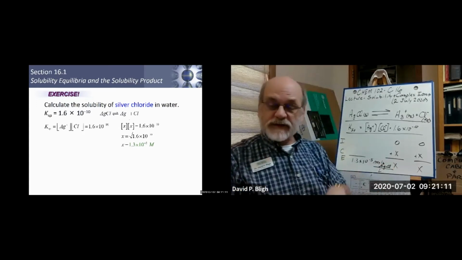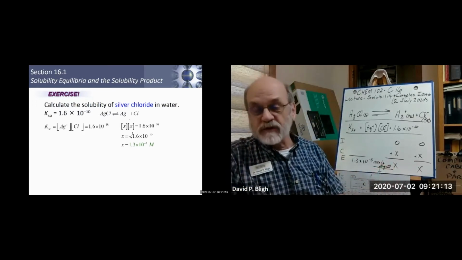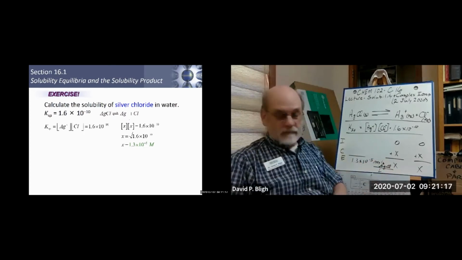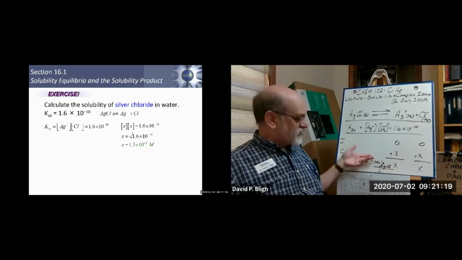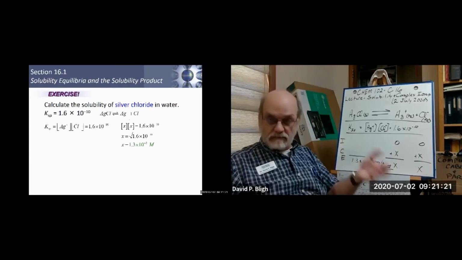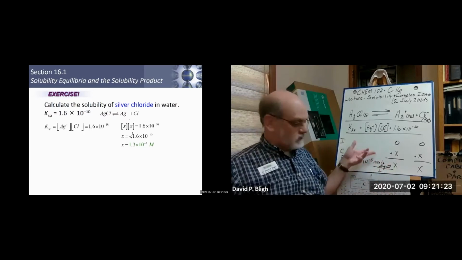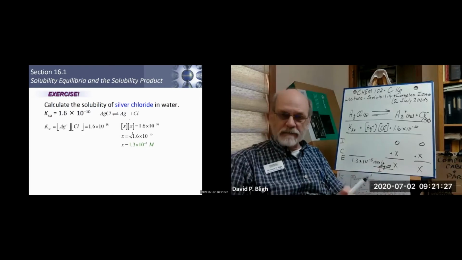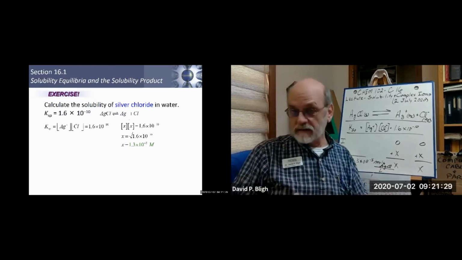So this expression of solubility is not in terms of mass, but in terms of moles. If you want to know mass, it's simple. You just use the molar mass and do the conversion, and you can find out what the solubility is in terms of grams. And you may need to know that.